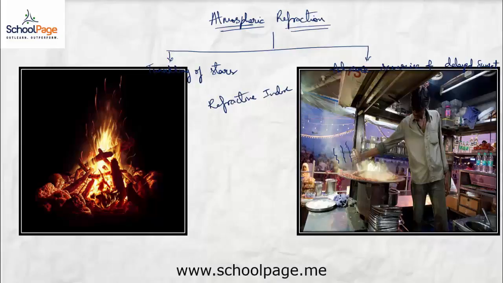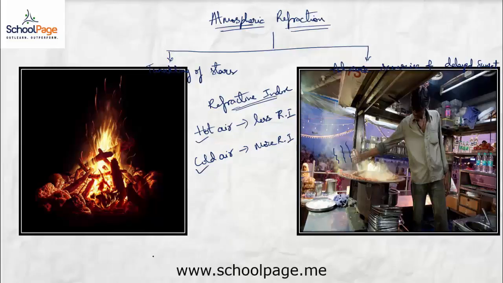Here the two different refractive indices are hot air and cold air. Hot air has less refractive index, whereas cold air has more refractive index. Since there is a change in the medium, the hot air and the cold air, the refractive index changes for these media.